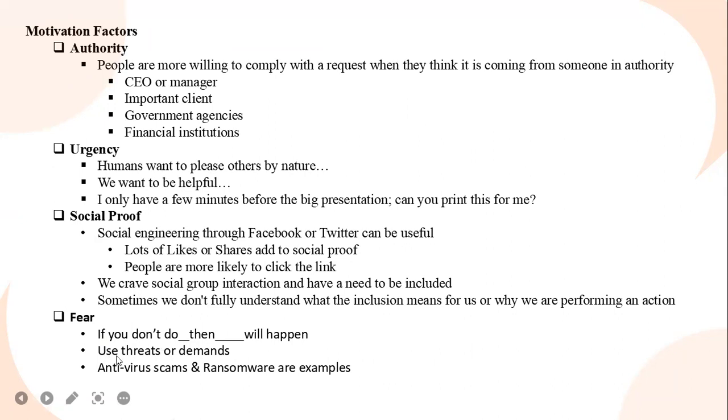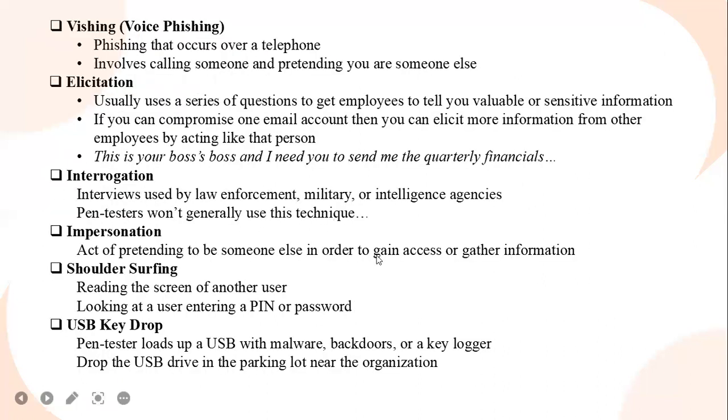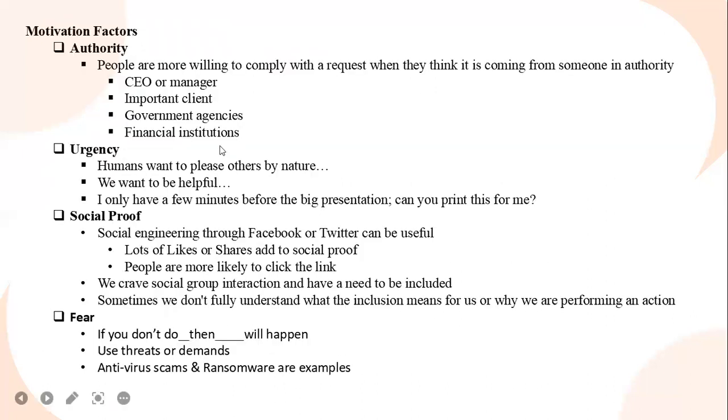If he adds, okay, this is your boss's boss, and I need you to urgently send this quarterly information because we might lose funding from our investors, then he has added authority, urgency, and fear. You don't want to lose funds from investors, because if that happens, you are going to lose your job.